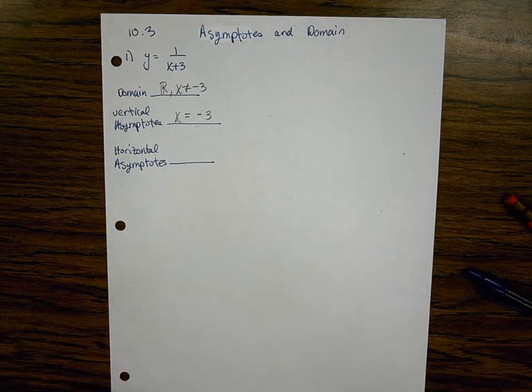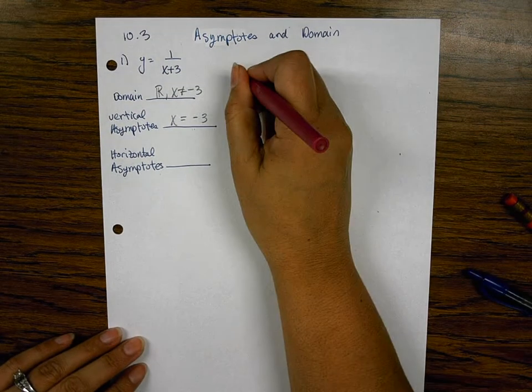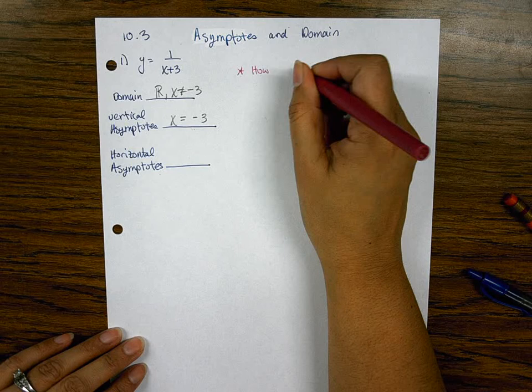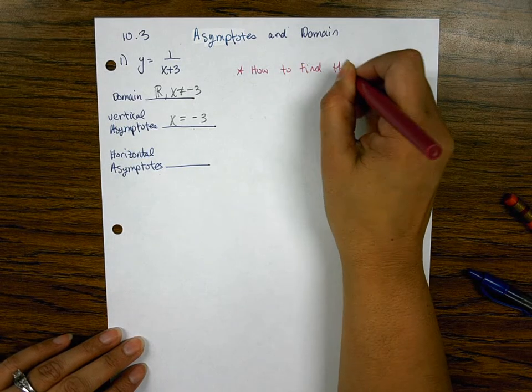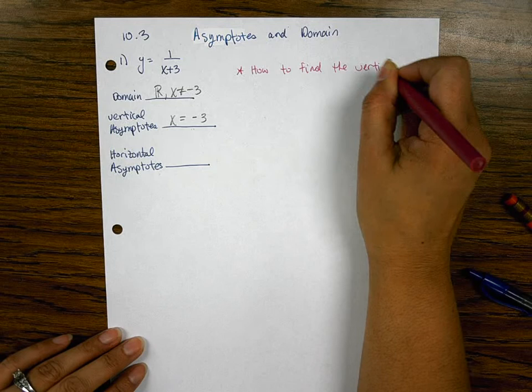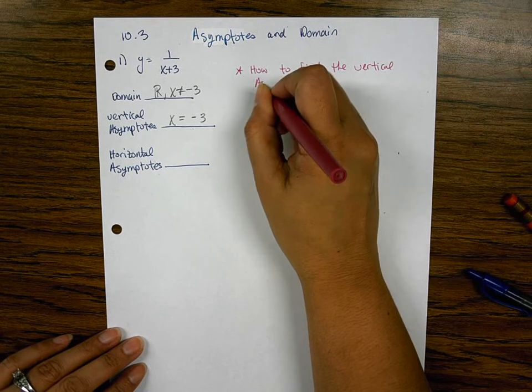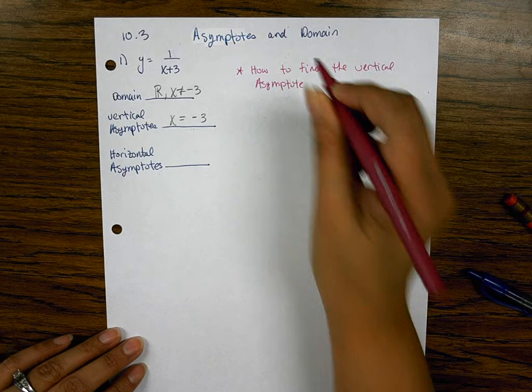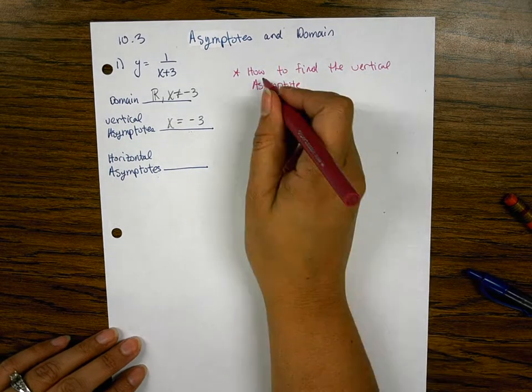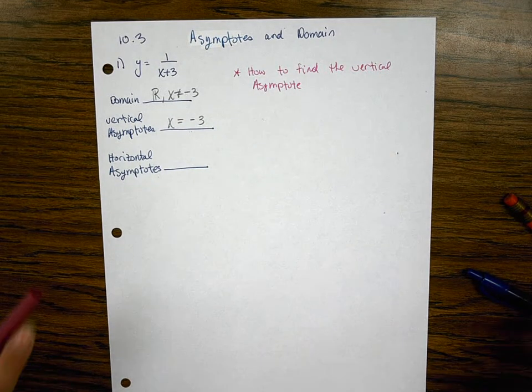Okay, so let's make a little note here. How to find the vertical asymptote. It's pretty easy.